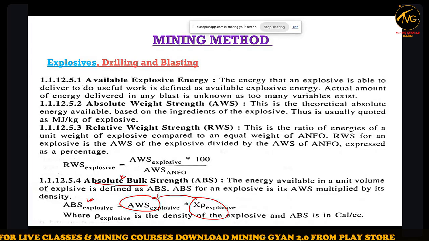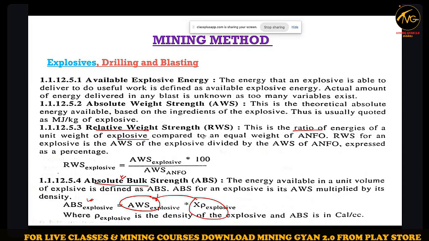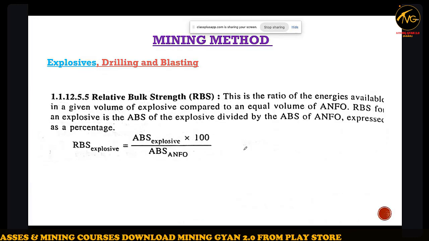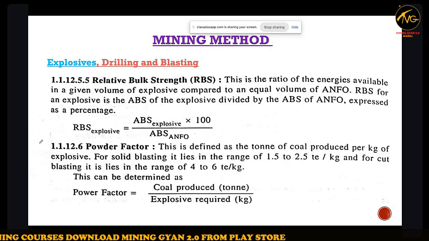Then you should know RWS is a relative weight strength. That means this is the ratio of energies of the unit weight of the explosive compared to an equal weight of the ANFO. I don't know if they will ask. So if they will ask in your numerical section, I will definitely discuss it later. So don't worry. Just mug up this formula or you should know.